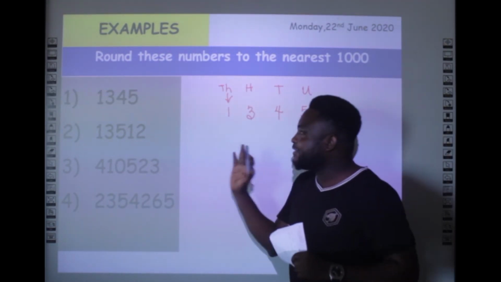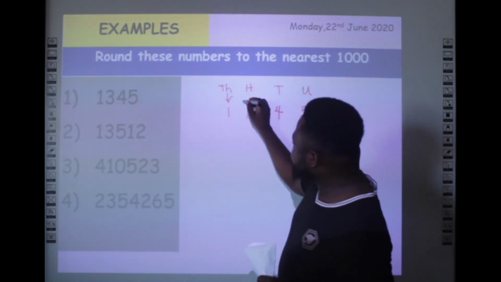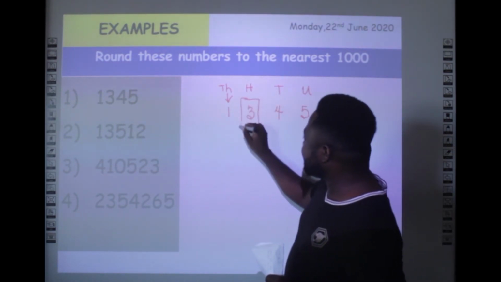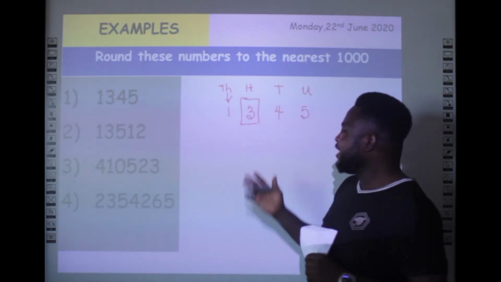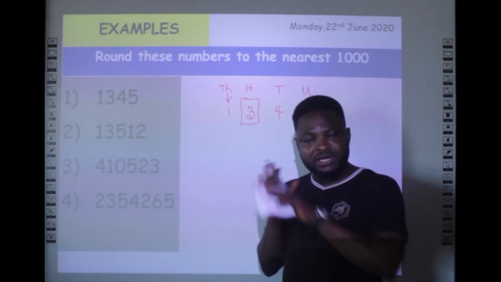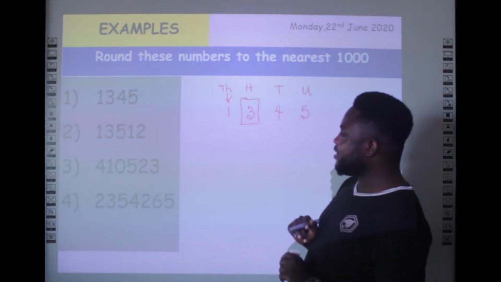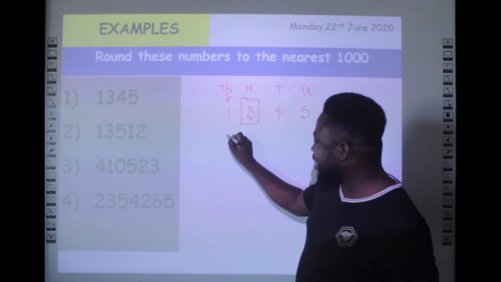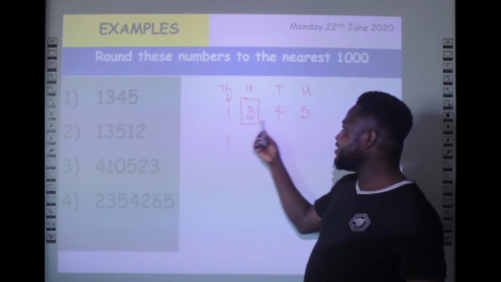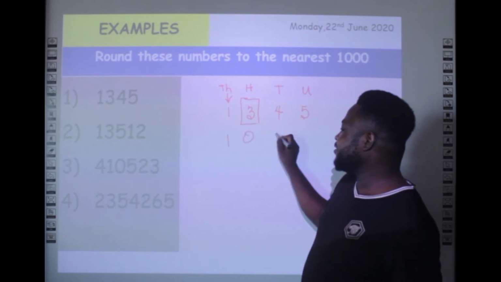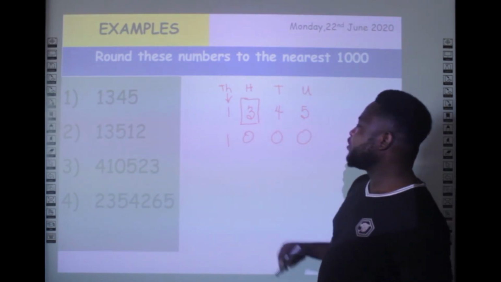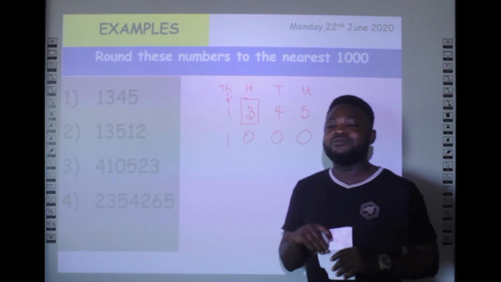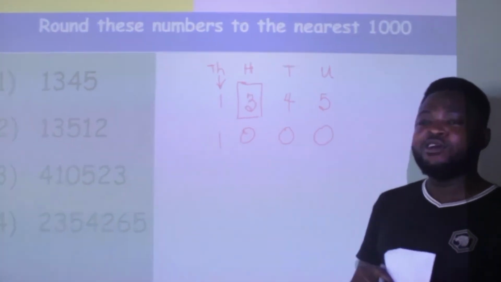Now look at the right of the target digit. Is it up to 5? No, you are allowed to rest. So you drop down 1. Any other digit here will turn to 0. Here, our final answer will give us 1,000.